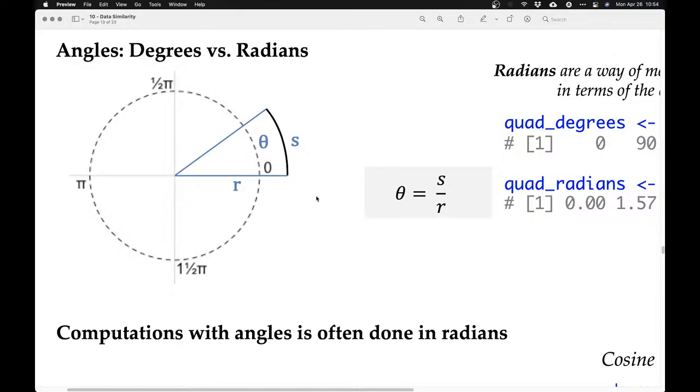If the radius of a circle is 1, what is the circumference of the circle? Does anybody remember the formula for the circumference of a circle? It's got pi in there somewhere. You like pi, don't you? What's the area of a circle? Pi r squared?